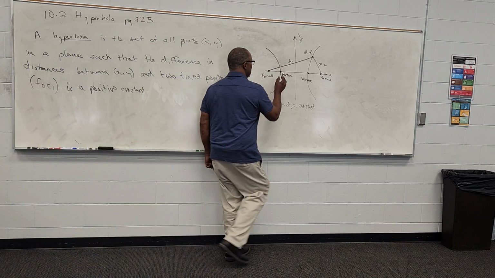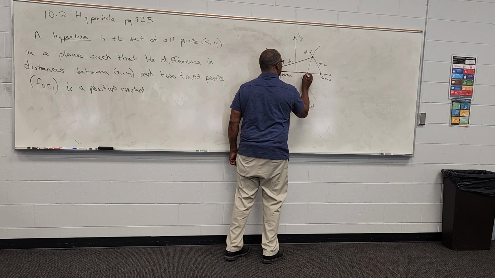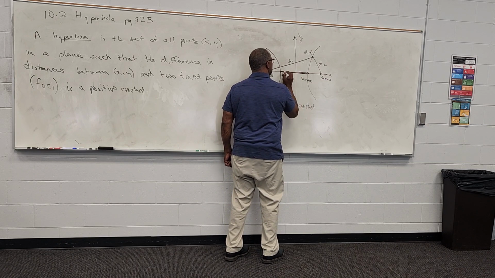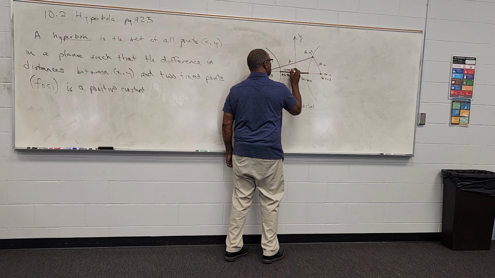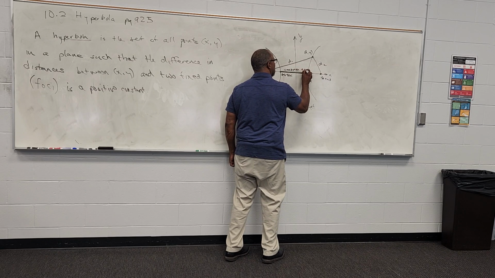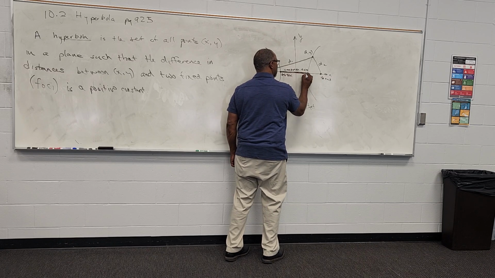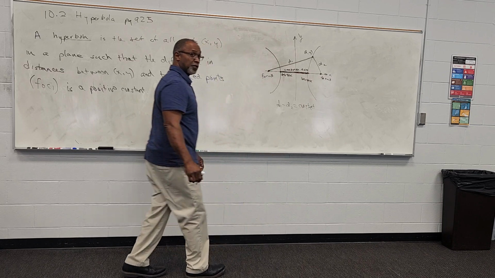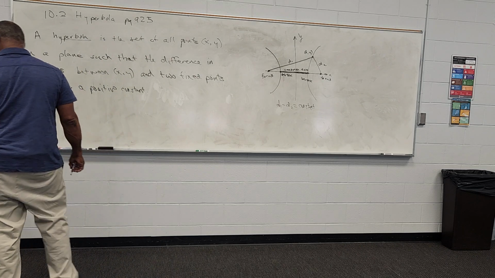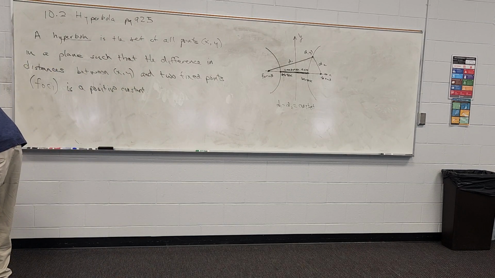From here to here, this is called the transverse axis. Again, it's the line segment that takes you from one vertex to the other. That's called the transverse axis for a hyperbola. The distance from there to there is a.